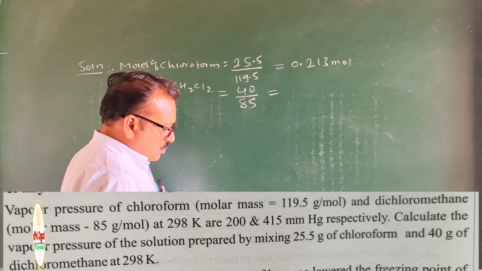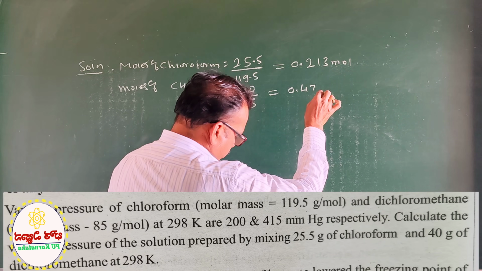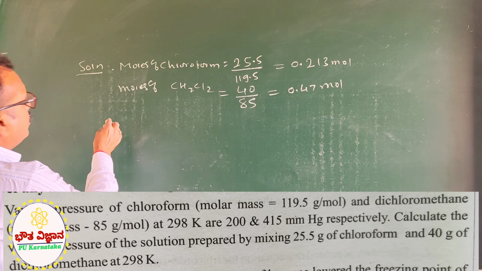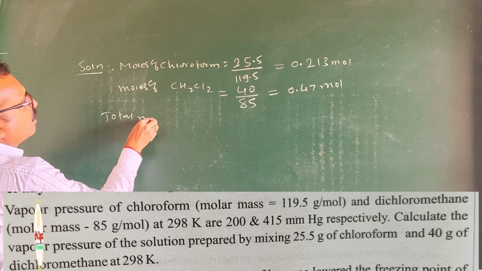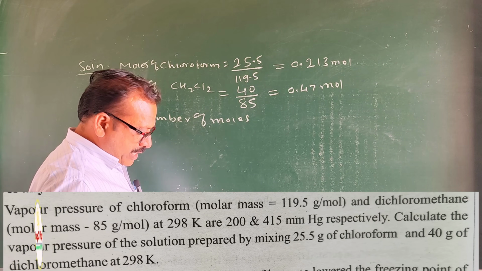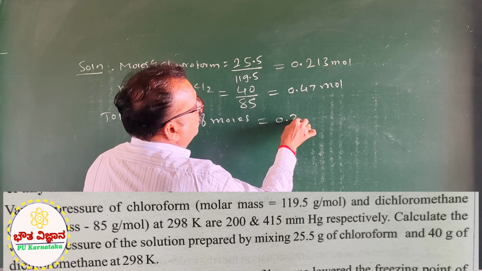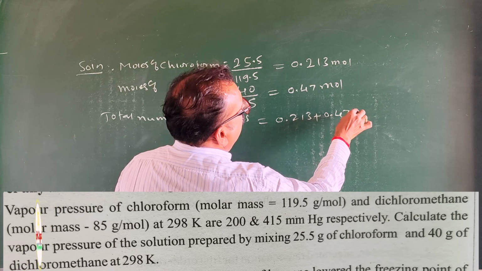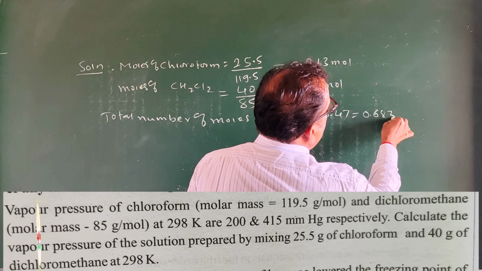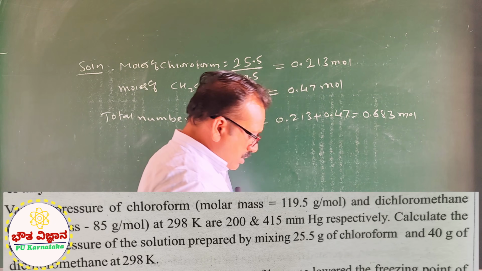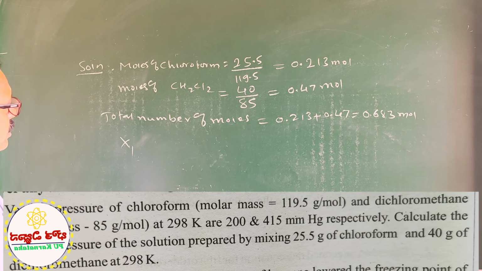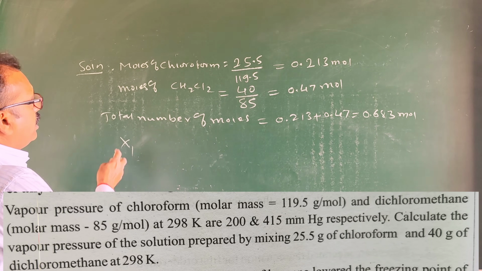You will get 0.47 mole. Total number of moles, you are going to get 0.213 plus 0.47 equal to 0.683 mole.